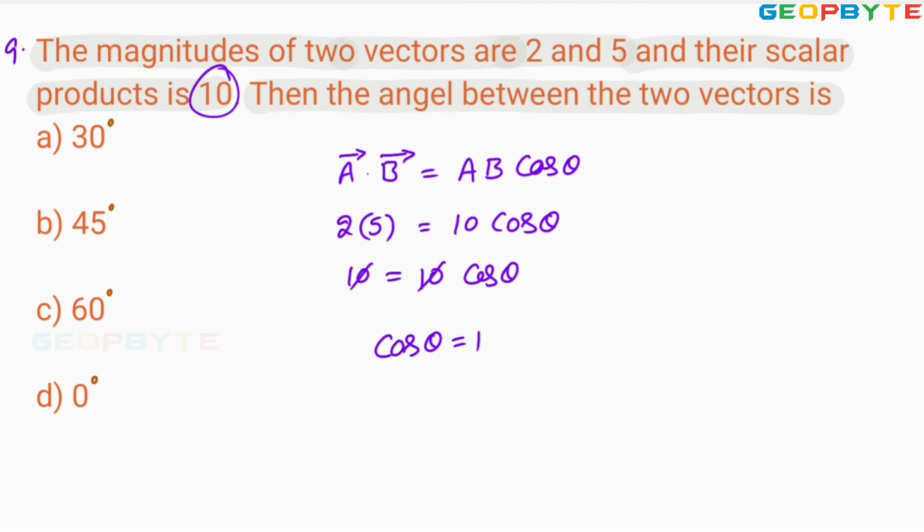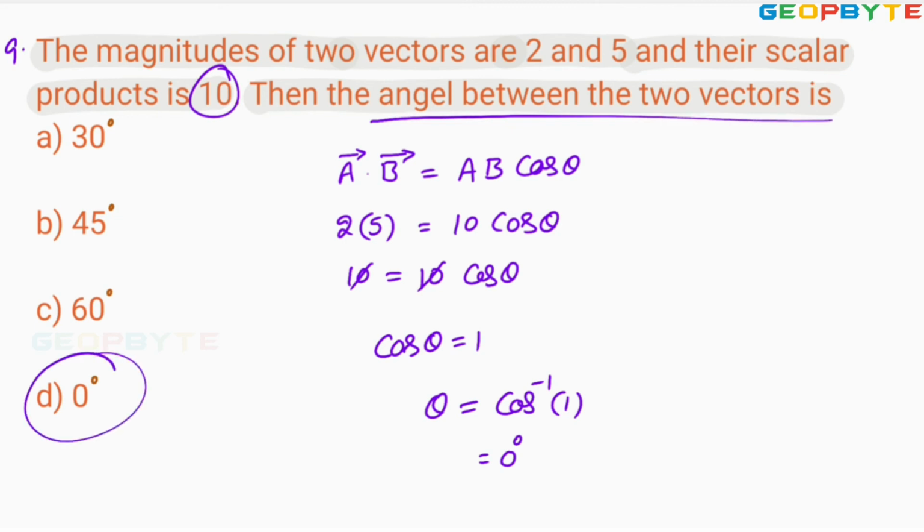If cos theta equal to 1, theta equal to cos inverse 1. Therefore, theta equal to 0 degrees. So, the angle between vector A and vector B is 0 degrees. Therefore, option D is absolutely correct. I hope you clearly got my point. Since cos 0 equal to 1, therefore theta equal to 0 degrees.